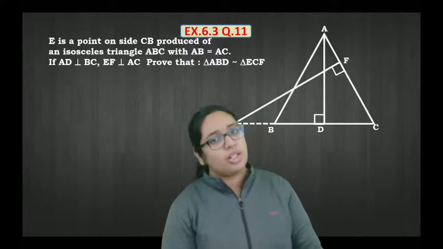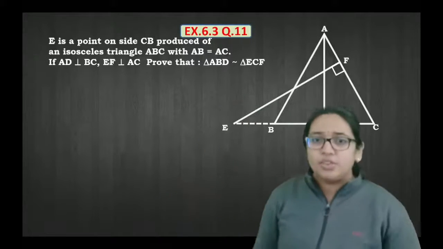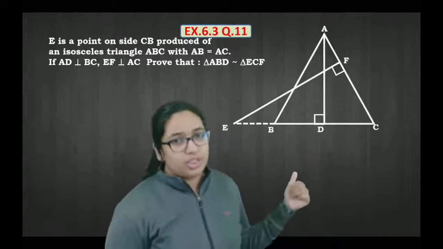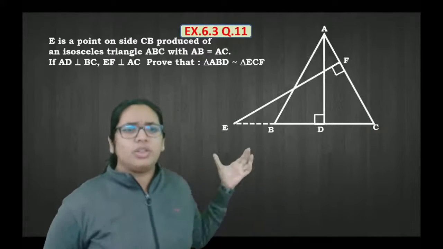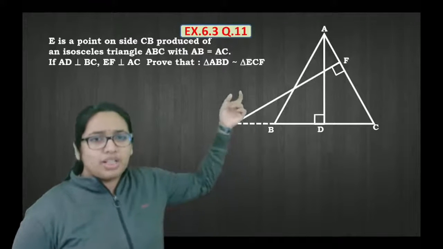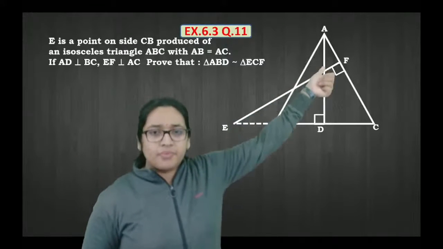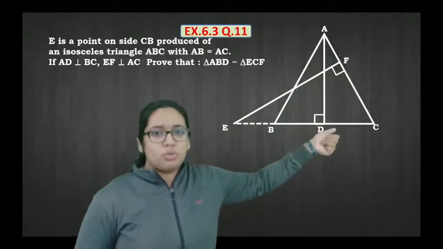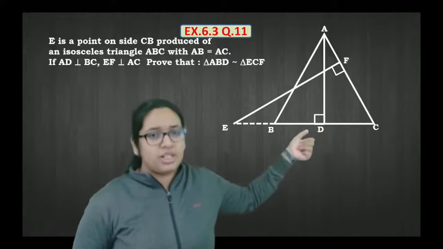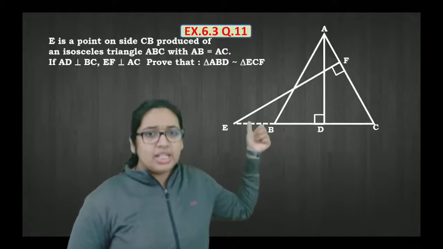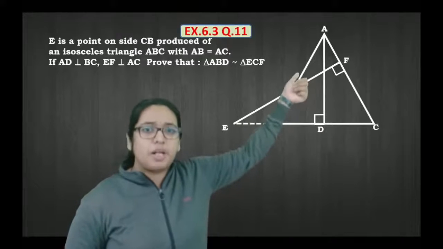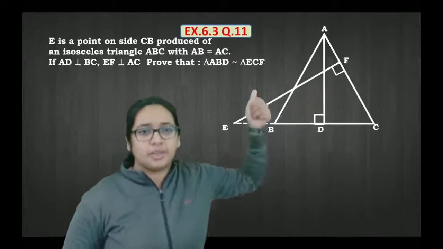AD perpendicular to BC. Obviously, we'll take the help of the figure. फिगर अगर देखते हैं तो इजीली समझ में आ जाता है. क्या बोला है देखो उन्होंने, AD is perpendicular to BC and EF is perpendicular to AC.